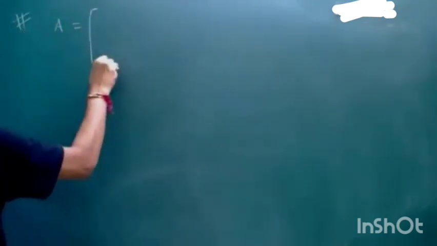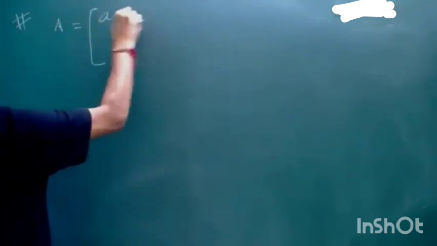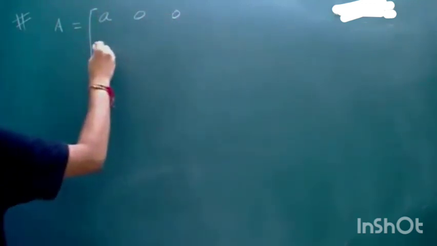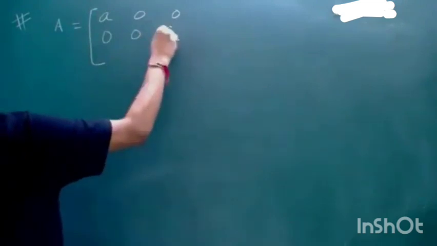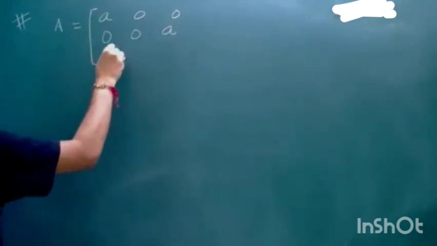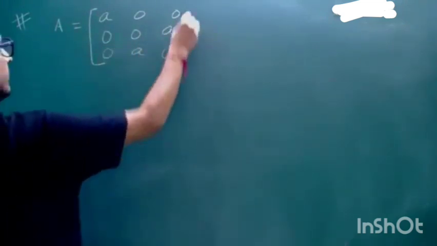So there is a matrix A which is a, 0, 0; 0, 0, a; 0, a, 0.